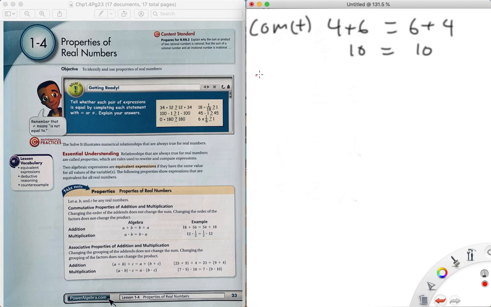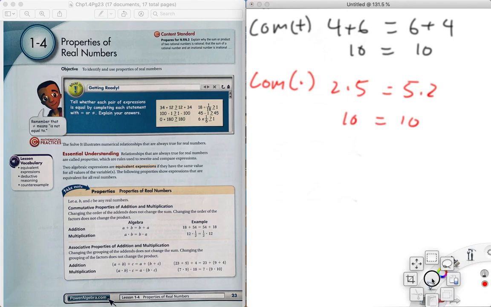I also have the commutative property of multiplication, which says that if I switch the order and multiply, that doesn't change the answer either. Commutative property works only with addition and multiplication, does not work with subtraction or division.